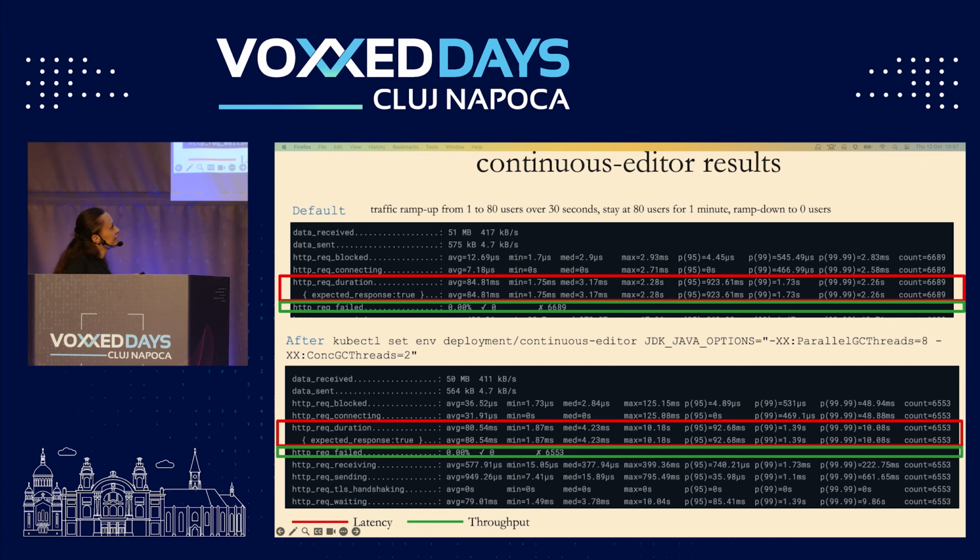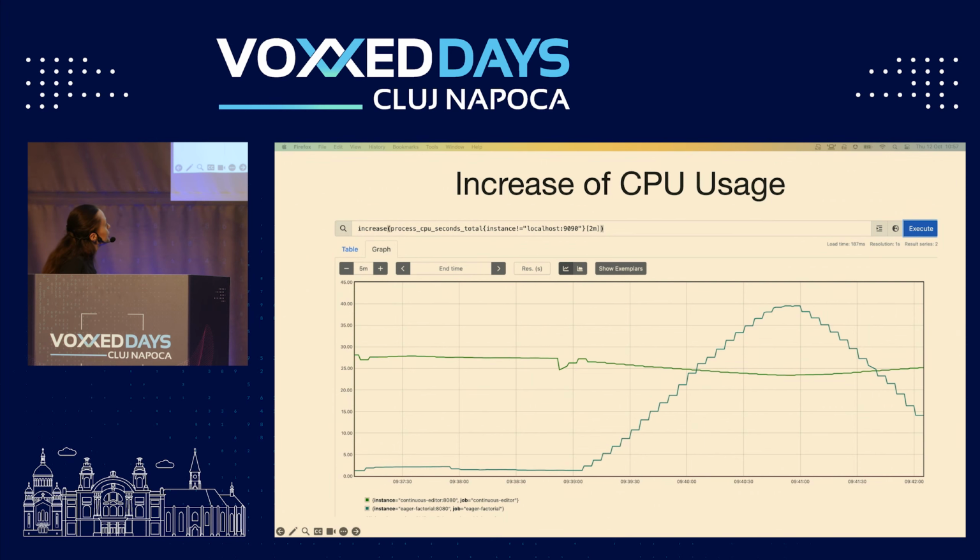I'm looking at the latency. I got an improvement of 4 milliseconds. It's good. And I'm looking at the requests, and throughput is lower. So I got some improvement, but probably I could do more for my application that's I/O bound.